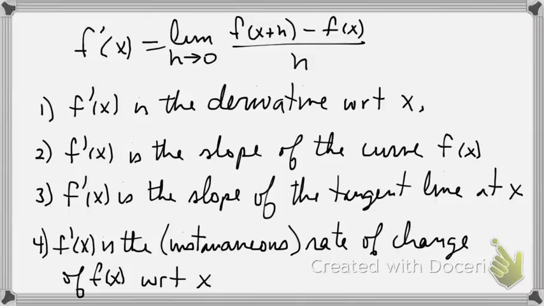So that's where those two applications, the rocket and the balloon, fall in. The derivative means all of these things. The derivative, f prime of x, is the slope of f of x. It's the slope of the tangent line at x. It's the instantaneous rate of change of f with respect to x. Right? It represents all of these things.